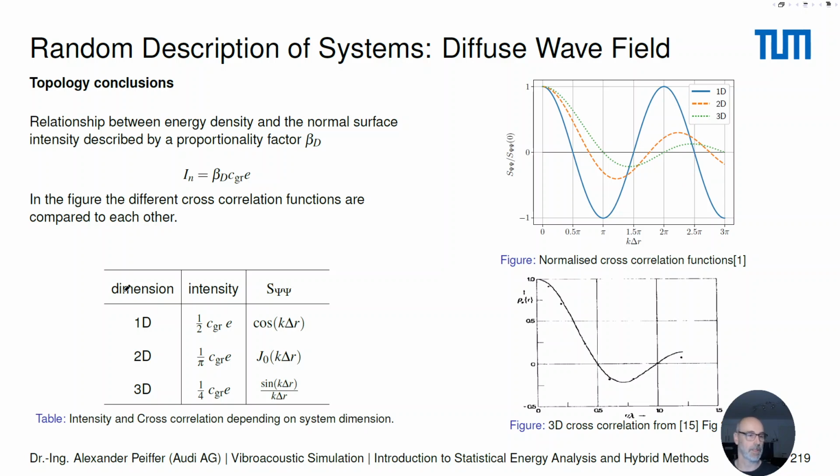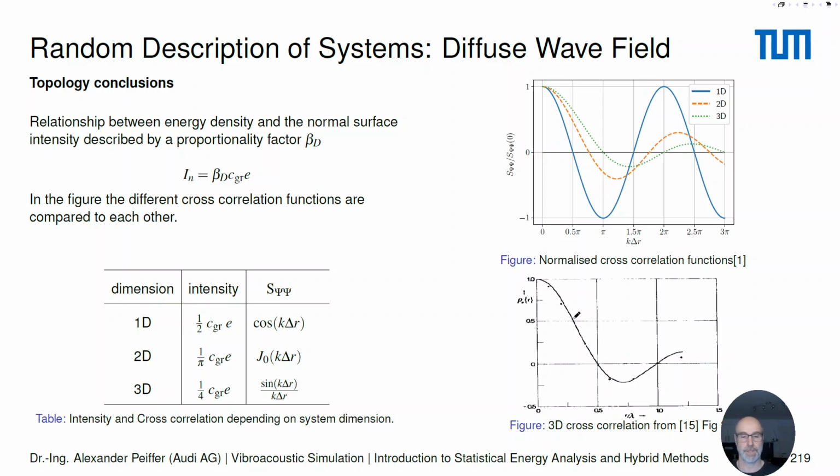So this is summarized here in the table: cosine, Bessel function, sinc function, and the relationship between energy density and intensity is also summarized here. This is related to this beta d. That means it's 1/2 for one-dimensional, 1/pi for two-dimensional, and 1/4 for the three-dimensional space. It's worth mentioning that this is not all basic theory.